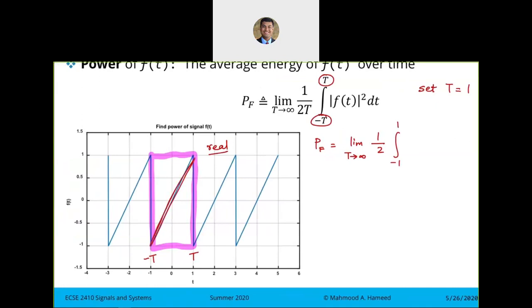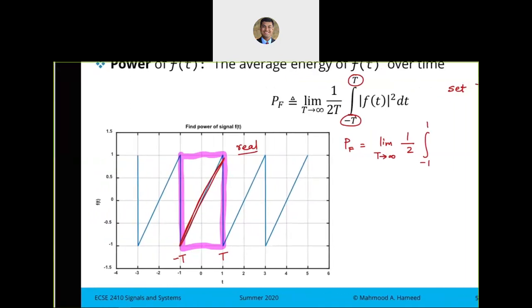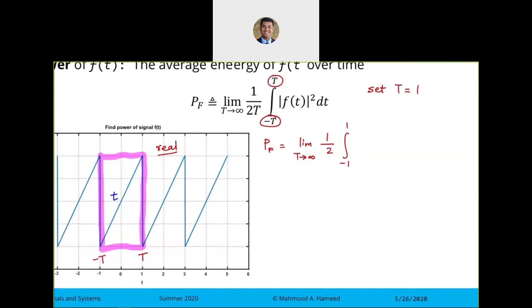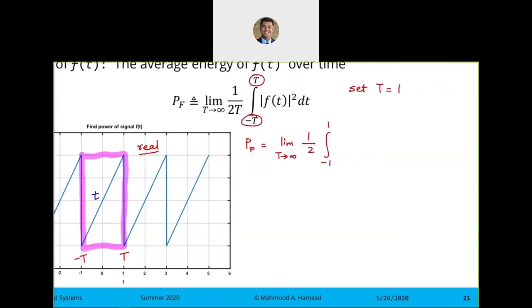It's a straight line passing through 0 with a slope of 1, and I know it's a slope of 1 because you see at time 1 it is 1, and at time 0 it is 0. So it's passing through the origin with a slope of 1. That is essentially just t. So f of t is t between -1 and 1. So from -1 to 1, I've got a t there, and I need to also square it, and then dt.